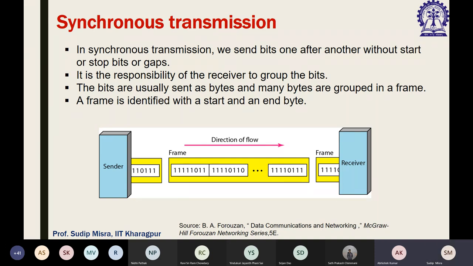Every frame will have a start byte and an end byte, and in between, these bits will be grouped into different bytes, which are constituted within a frame. The frame has these chunks of bytes which carry the data, and the start byte and the end byte help to demarcate the boundary of the frame. So this is synchronous transmission.